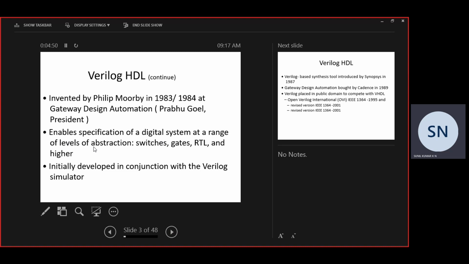For that purpose they started describing hardware with a language, Verilog. Initially it was developed in conjunction with the Verilog simulator.